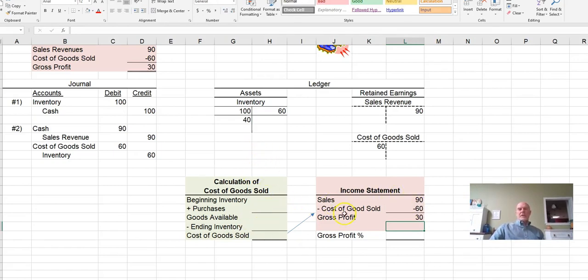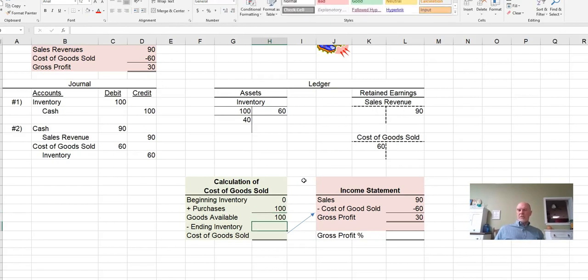This calculation, cost of goods sold of 60, you can summarize the calculation of that with this little formula here. And it's a very important little summary of what's happening in the inventory account. It's beginning inventory plus your purchases, that's your goods available for sale. In other words, if you take what you started with, which in this case was 0, we started with nothing, and then we added purchases of 100.